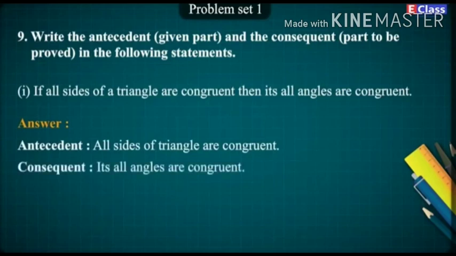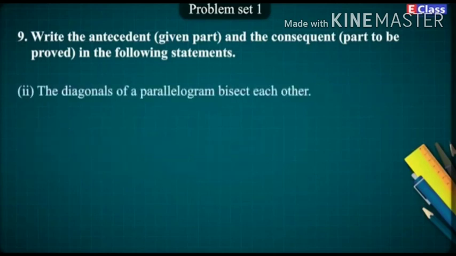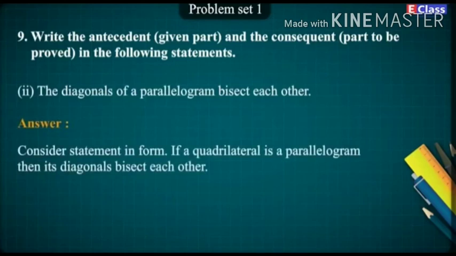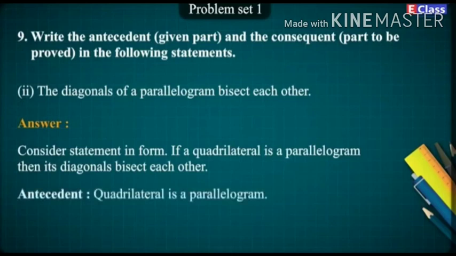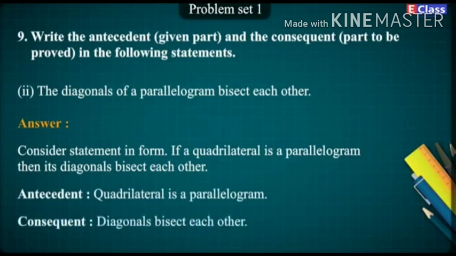All its angles are congruent. 2. The diagonals of a parallelogram bisect each other. Answer. Consider the statement in if-then form. If a quadrilateral is a parallelogram, then its diagonals bisect each other. Antecedent. Quadrilateral is a parallelogram. Consequent. Diagonals bisect each other.